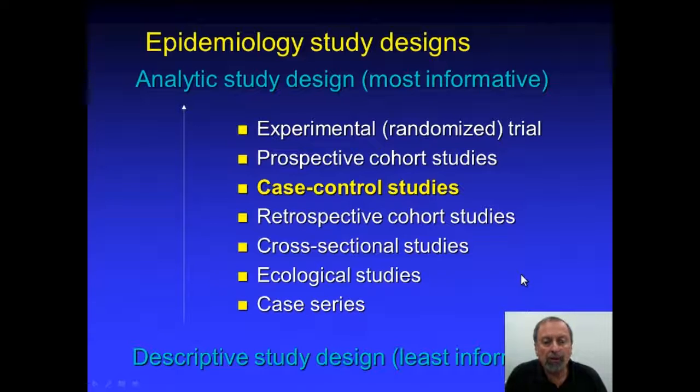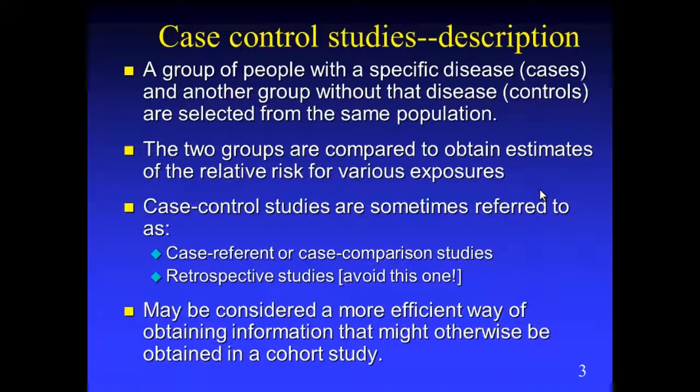So back to our familiar hierarchy of study designs, and this completes the picture. Case control studies are the last of the major study designs, in between prospective and retrospective cohort studies. Very basically, case control studies involve a group of people with a specific, defined disease, which we call the case group, and a comparison group without that disease, which we call the control group.